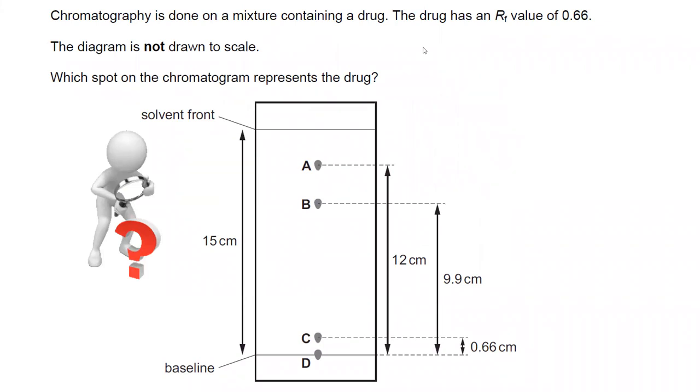In this question, the chromatography is done on a mixture containing a drug. The drug has a RF value of 0.66. The diagram is not drawn to scale, so it does not mean that what is shown as 15 centimeters is actually 15. Which spot on the chromatogram represents the drug? Which spot has the RF value of 0.66?